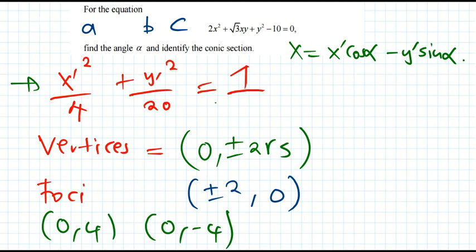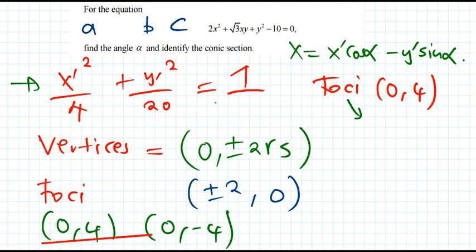Okay, so I can give you one example. If you look at the foci, our foci of 0, 4, for us to find the x value there, we have to use this formula. Okay, so our foci in the original xy is going to be, our x prime is 0.